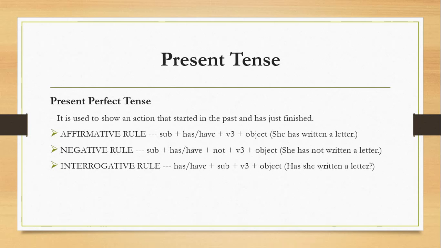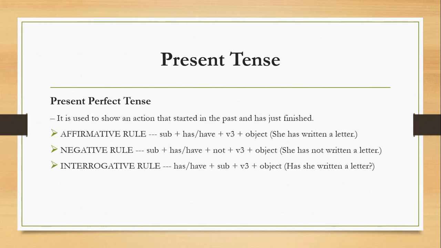When it is perfect tense, we always use the have verb. So for present perfect, we use either has or have in relation to the person plus V3. Do remember this is the past participle form of the verb, plus object. Example, she has written a letter.